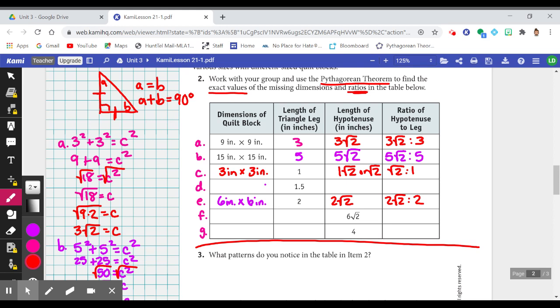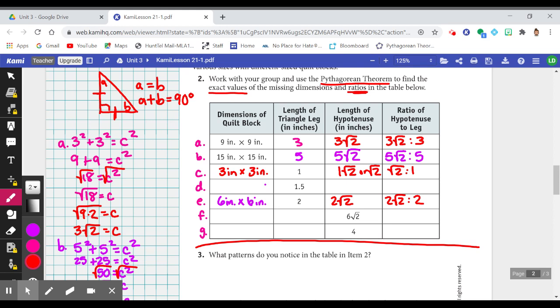So 9x9, each of the smaller squares will then have a side length of 3. So that's what you're wondering here. So I wouldn't really get hung up on this aspect. Obviously, we're just using the quilt block to help us uncover the ratio. But here, the length of the triangle leg is 3 units or 3 inches.